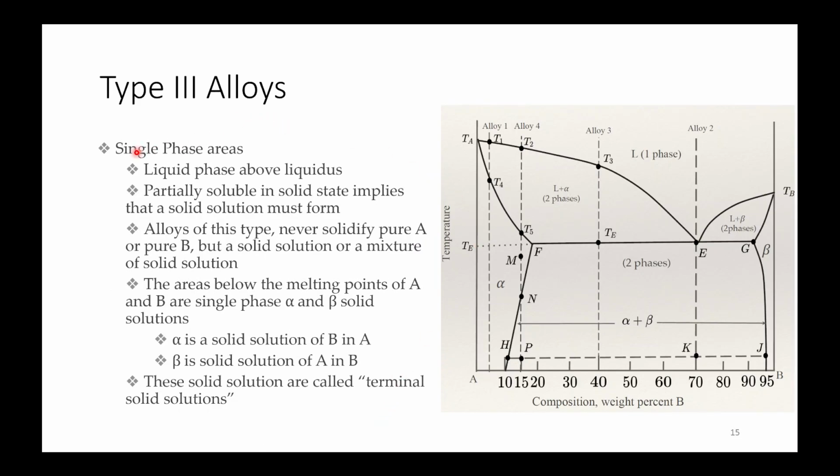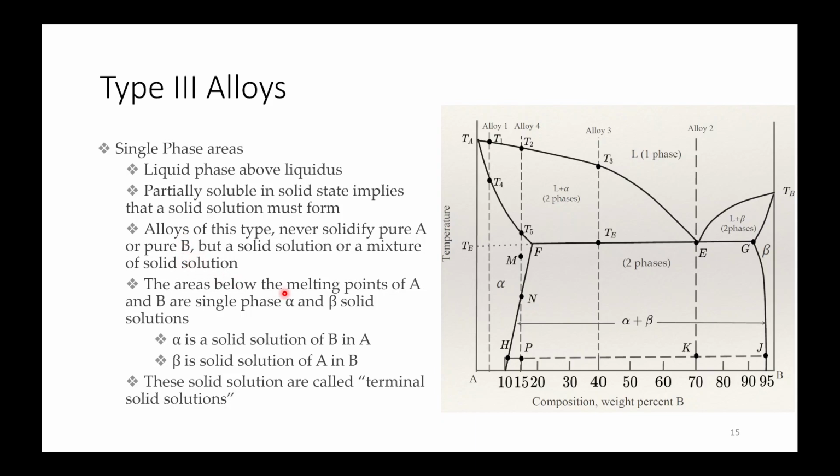In these alloys, the single phase areas are the liquid phase above the liquidus, and alpha and beta, which are single phases. Being partially soluble in the solid state implies that a solid solution must form. Alloys of this type never solidify as pure A or pure B, but as a solid solution or a mixture of solid solutions.